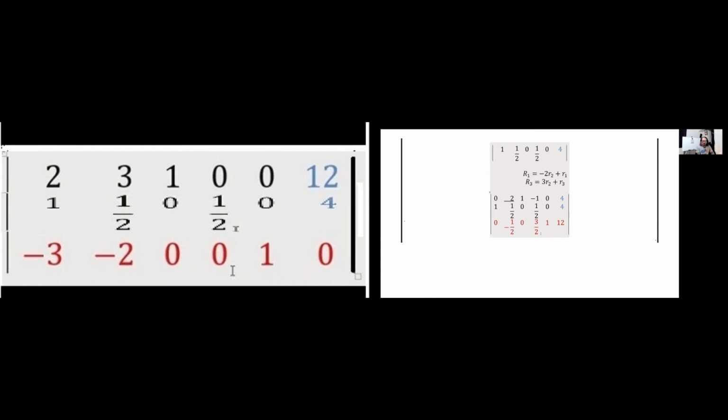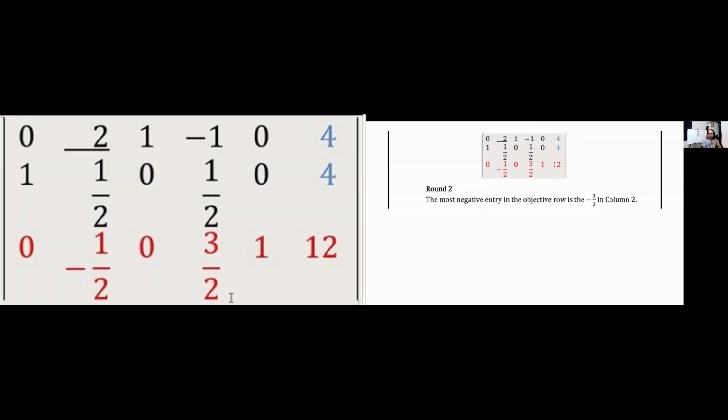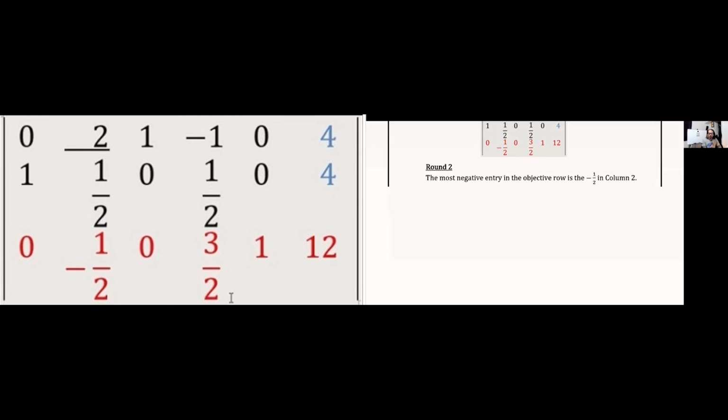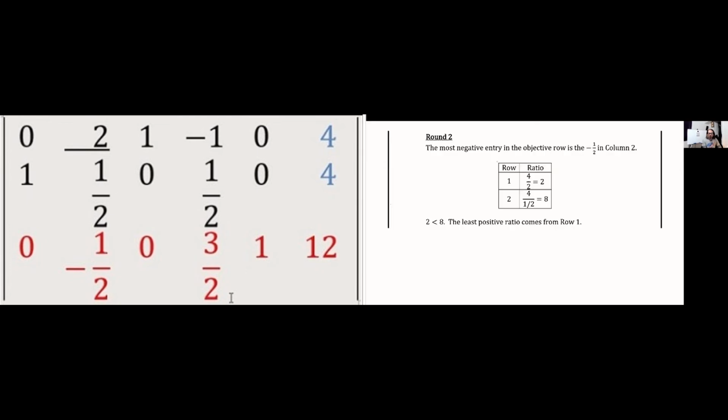Take the 4 divided by the 2 in row 1 and the 4 divided by the 1/2 in row 2. Look for the least positive ratio. And that comes from row 1. So we've got column 2, row 1.